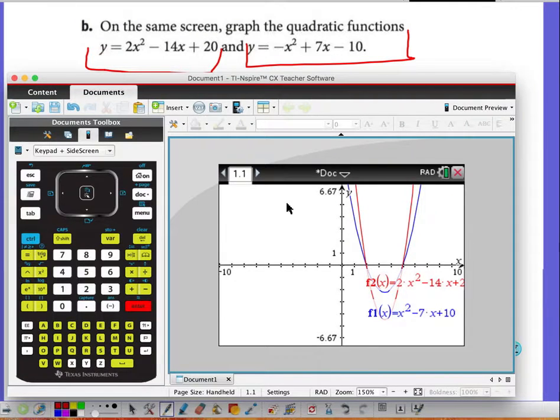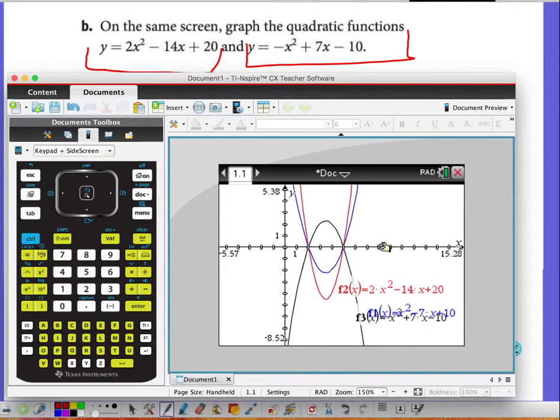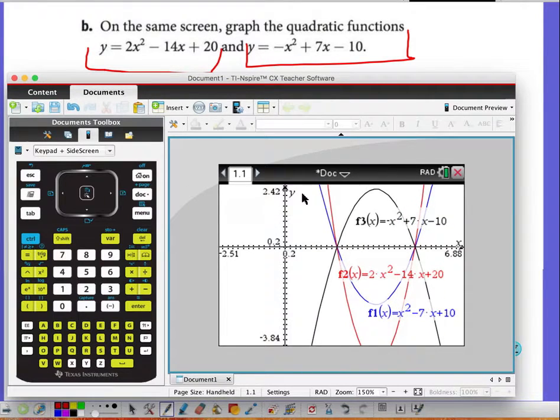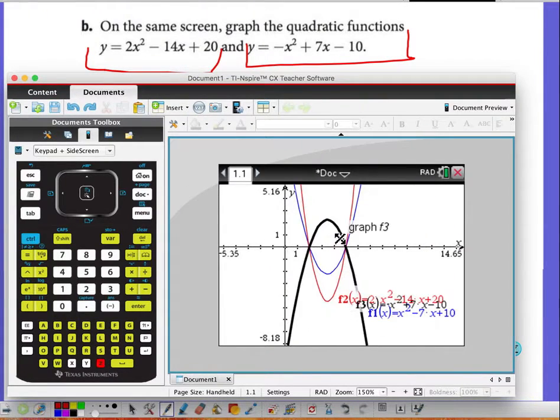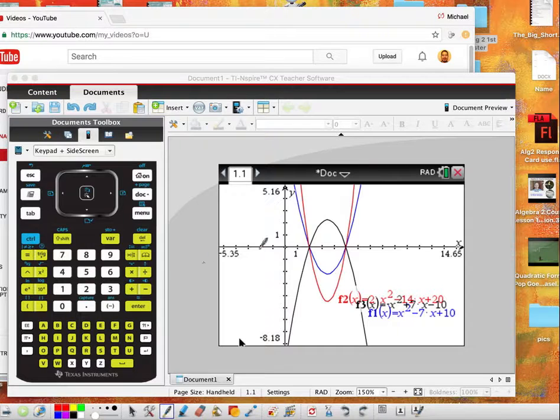And then let's go ahead and graph the other one, negative x squared plus 7x minus 10. Now take a look at that. Can you see that my two given points are right here? This is (2, 0), and this point right here is (5, 0).